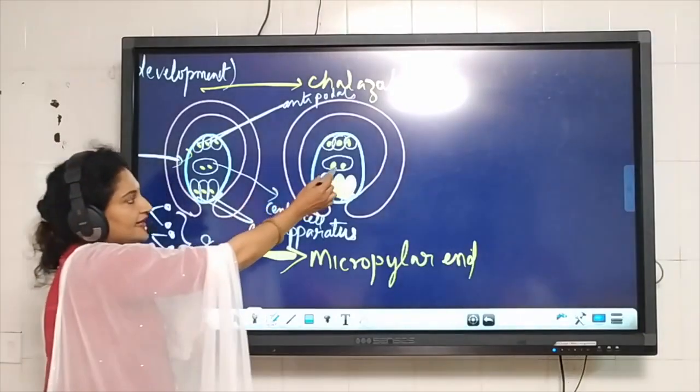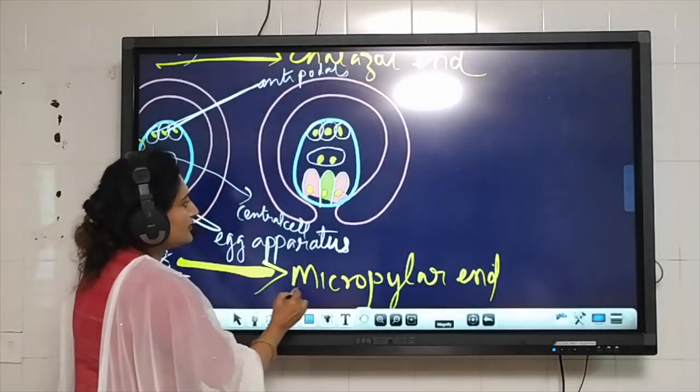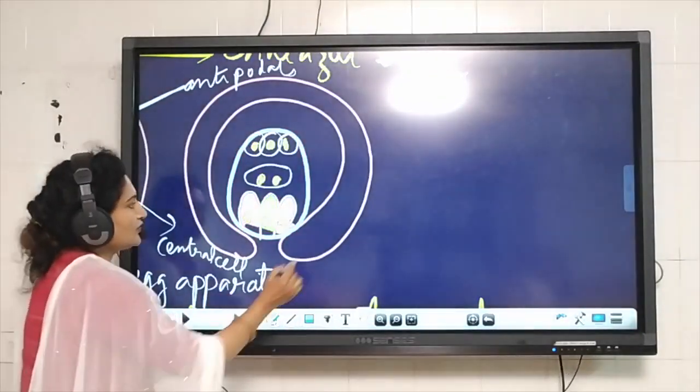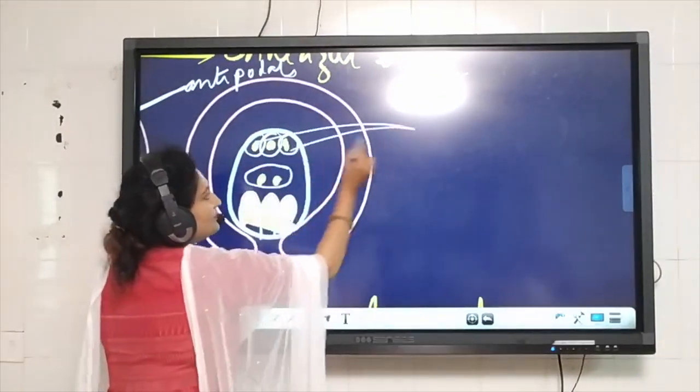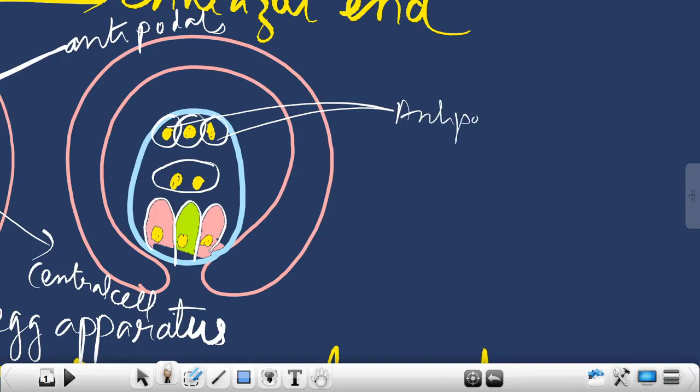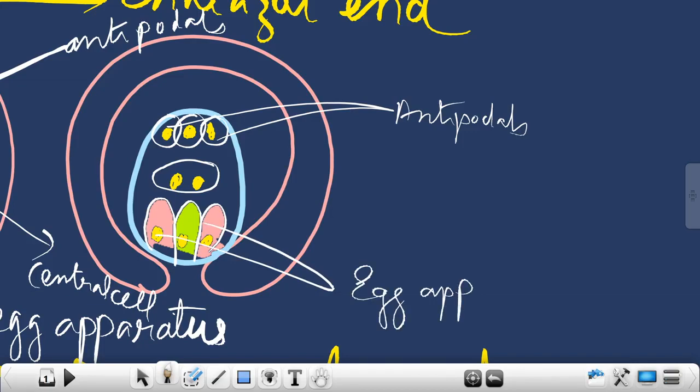So we have the final diagram displayed here. We have the antipodals at the chalazal end. We have the egg apparatus at the micropylar end, and this is called the central cell, which comprises the 2 polar nuclei.